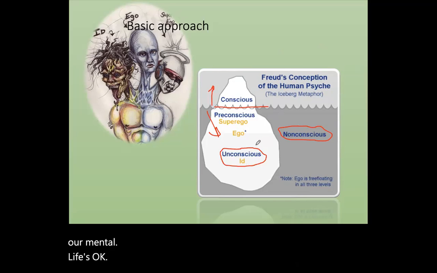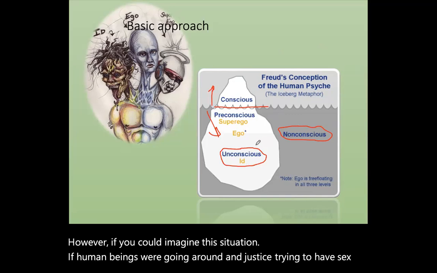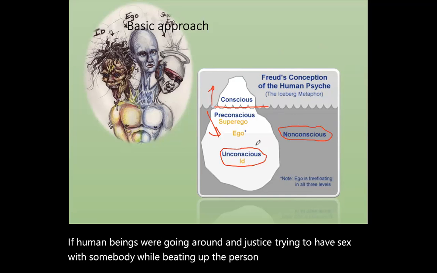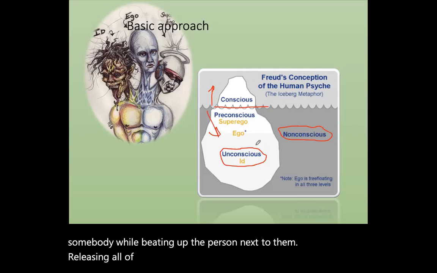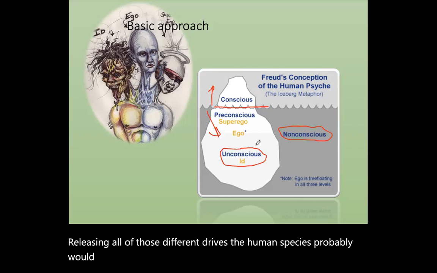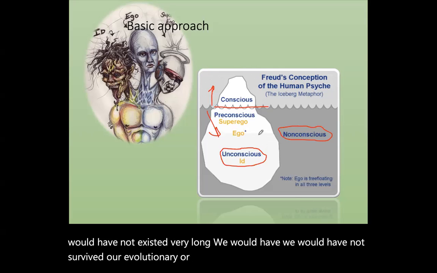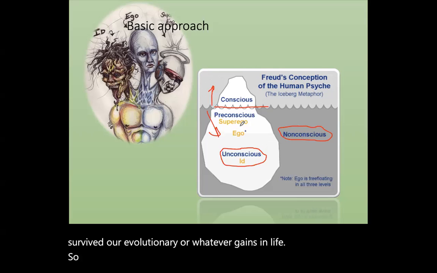However, imagine this situation: if human beings were going around just trying to have sex with somebody while beating up the person next to them, releasing all of those different drives, the human species probably would not have existed very long. We would not have survived our evolutionary or whatever gains in life. So what Freud argued is that the id developed an ego.